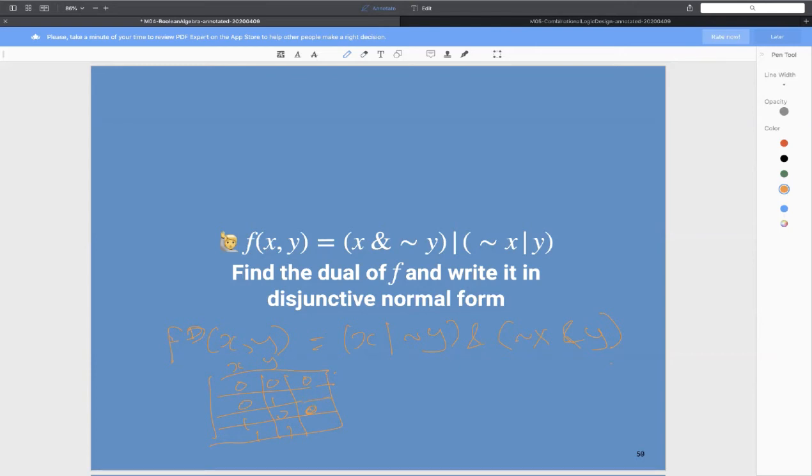Whenever y is 0, because of this term, we have an output of 0. Whenever y is 1, then if x is 0, again the function is 0. And otherwise, we are left with 1 row, so x and y are 1 and 1.